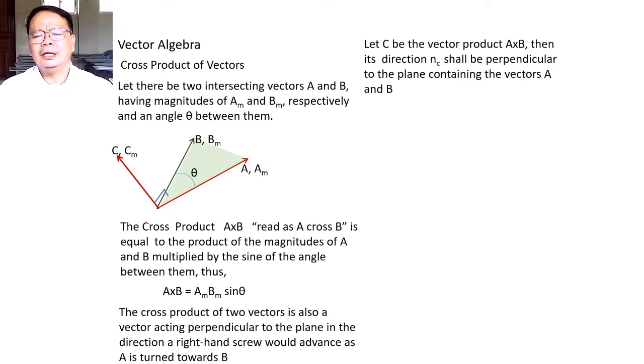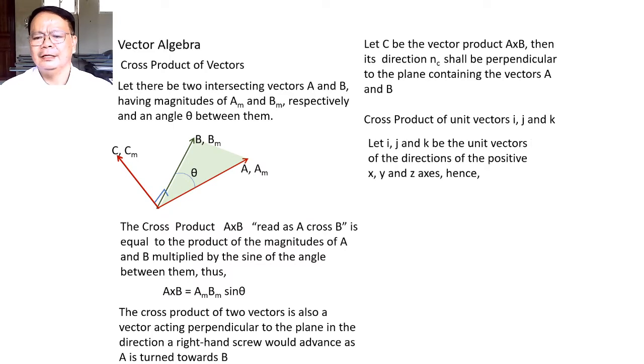Now let's go to the cross product of the unit vectors i, j, and k. Let us recall that i, j, and k are the directions of the positive x, y, and z, which is expressed as a unit vector.